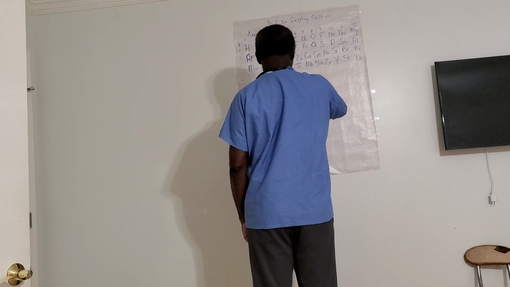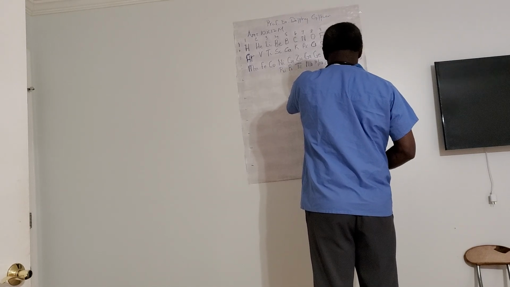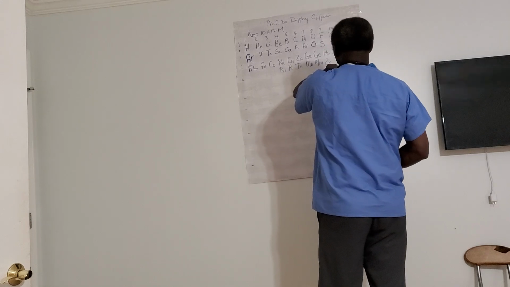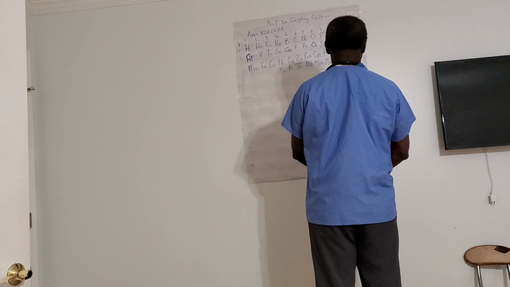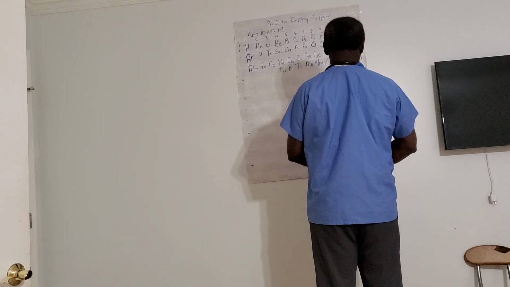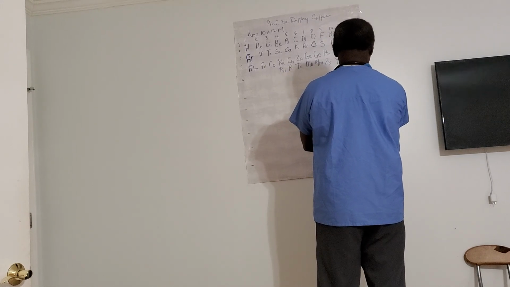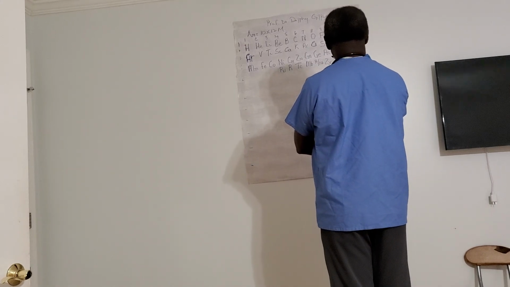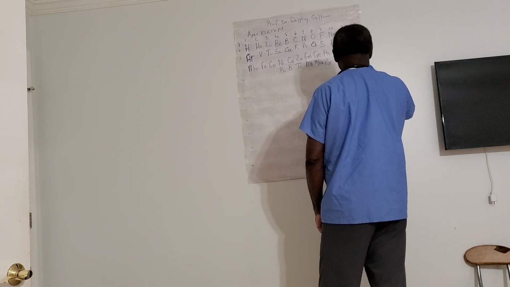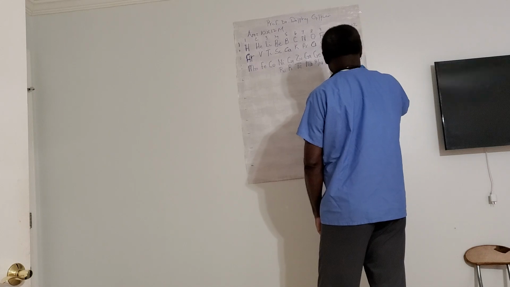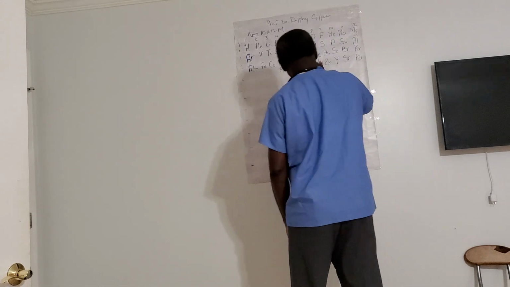Let's go ahead. This is 39. Krypton is 36, so this is 37, rubidium, probably Rb. This is strontium, 37, 38, 39 yttrium, 40 zirconium, 41 niobium, 42 molybdenum.